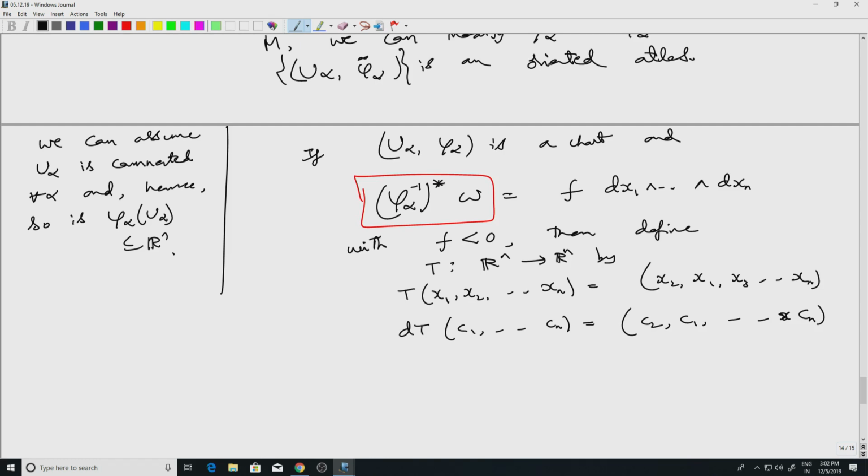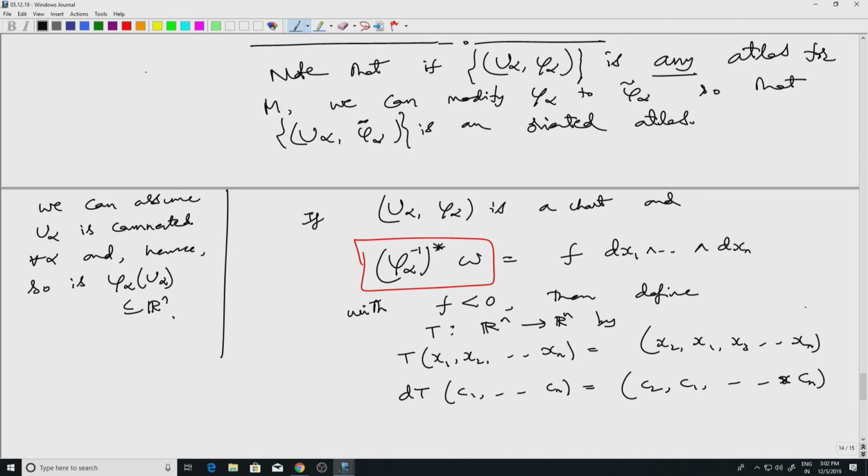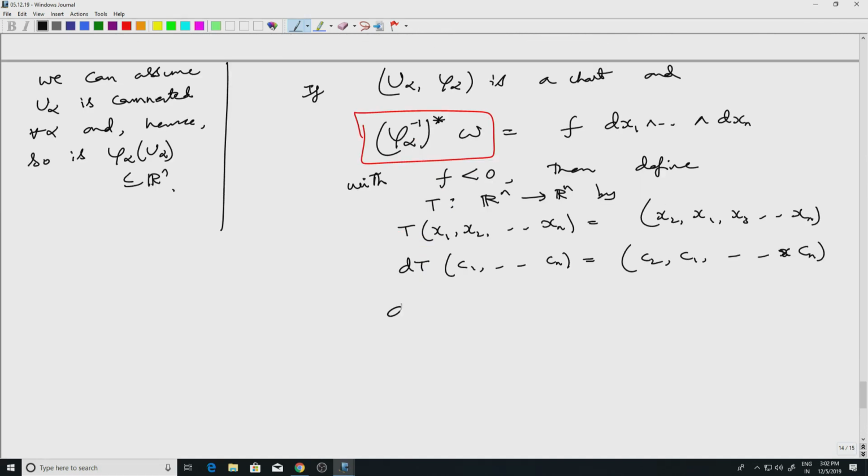If you write down the matrix, it's similar to what we had done earlier. The determinant of the derivative of this is equal to -1. What we need is that it's negative.